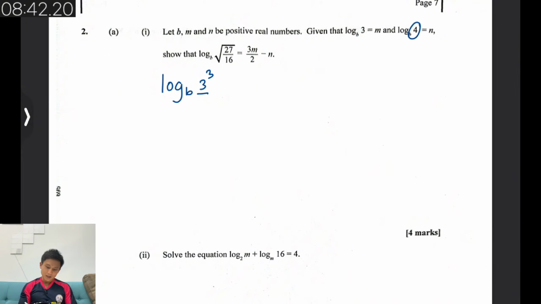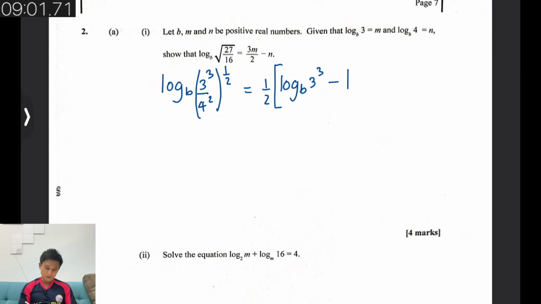And for 16, let's make it base 4, so this is 4 to the 2. And this is all to the power of 1/2, right? So that's basically just half log base b of 3³, and I'm going to do big brackets here, minus log base b of 4².